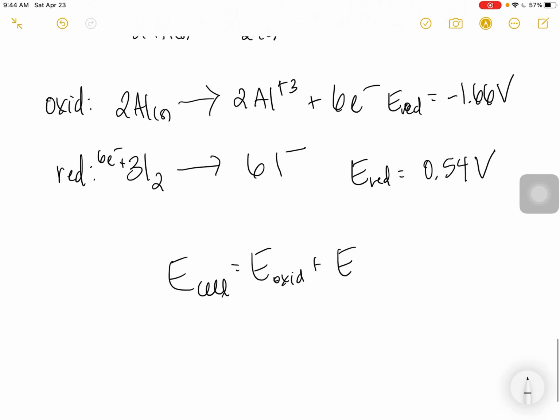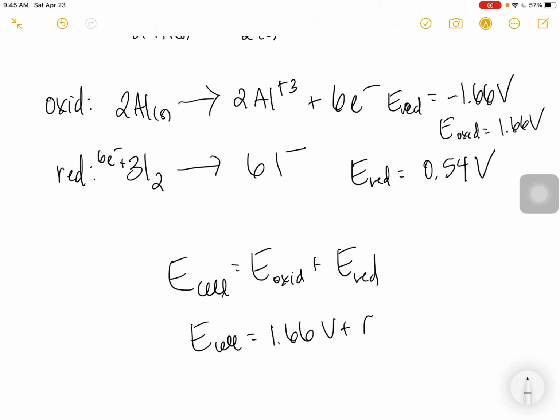Okay, and then I say, okay, E of the cell is E of the oxidation plus E of the reduction. E of the oxidation I don't know, but I do if I just flip its sign. So I have two positive numbers then to add together.